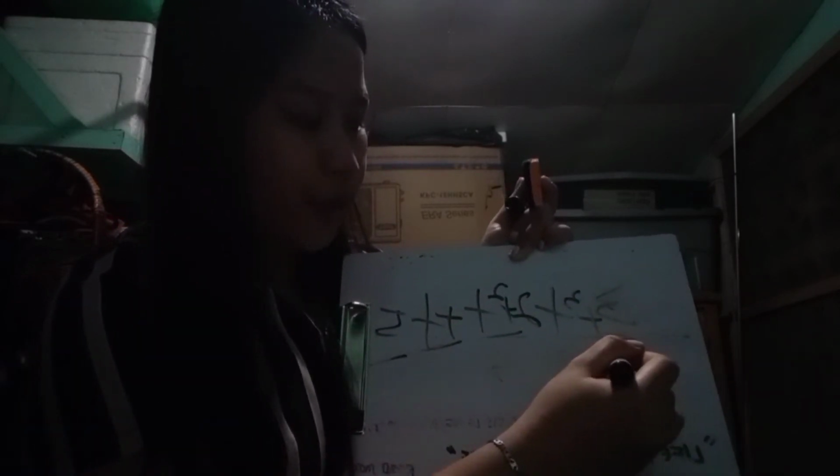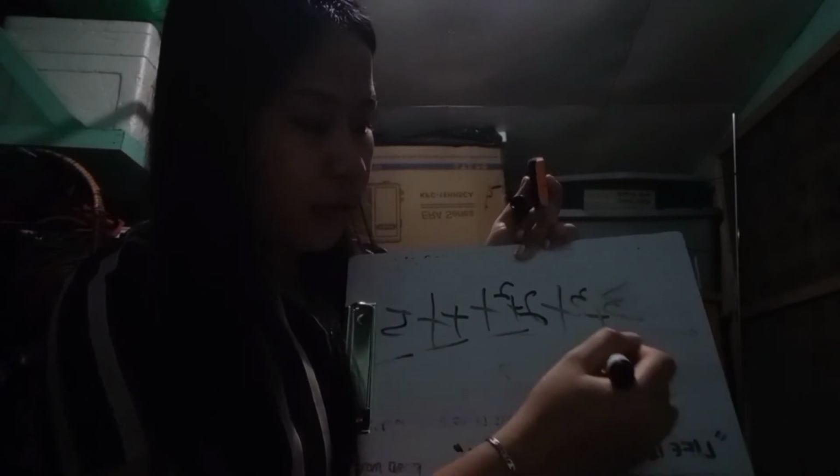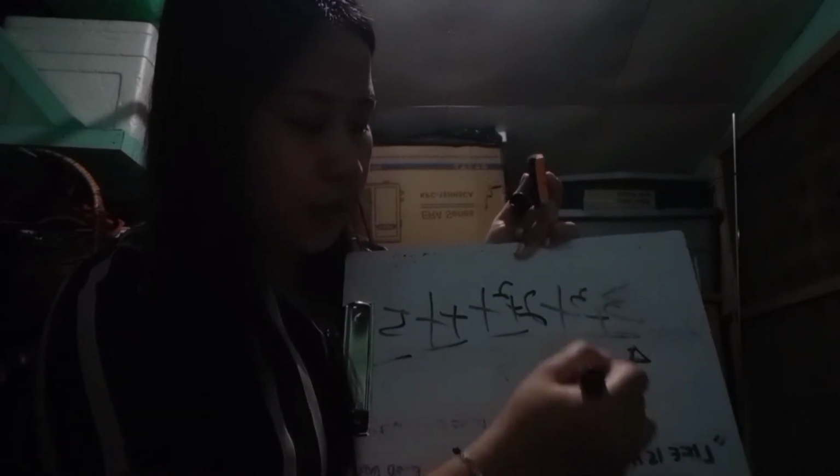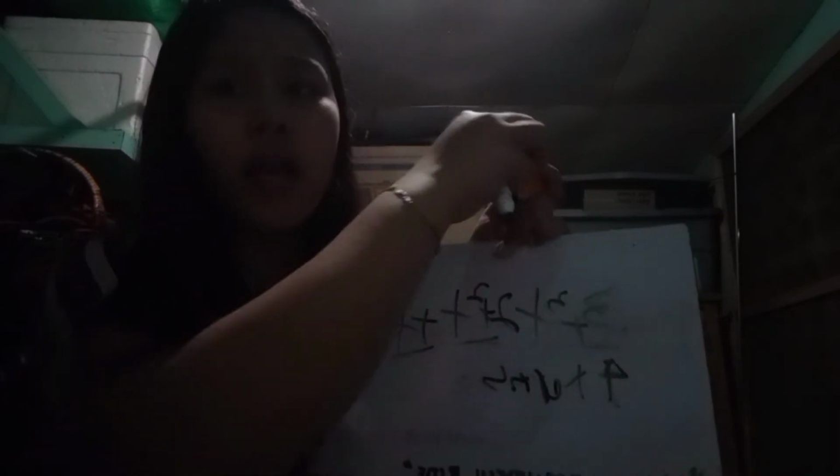We have here 3x^3 + 2x^2 + x + 5. We have 1, 2, 3, 4 terms. So, this is an example of a multinomial. Did you get it? Is it clear?